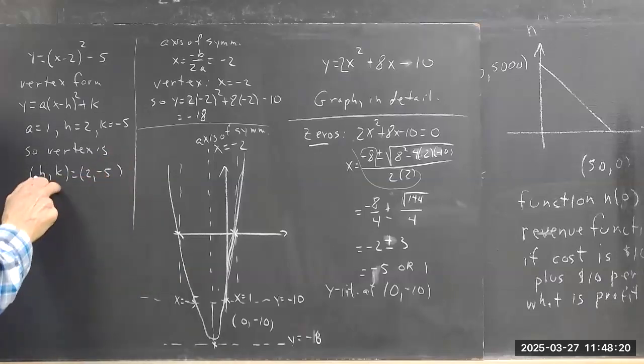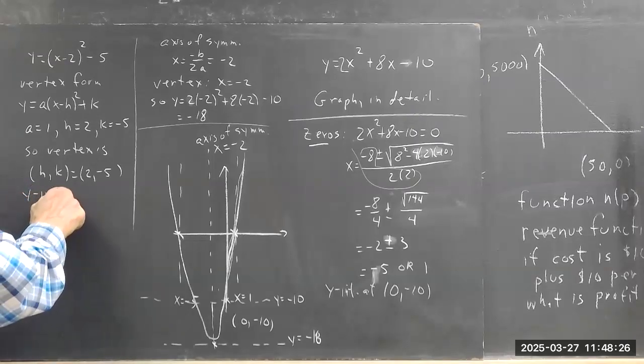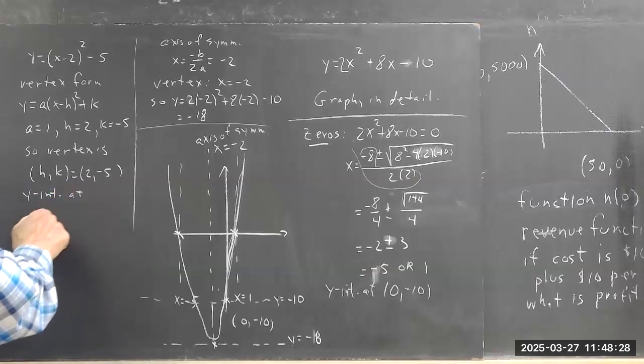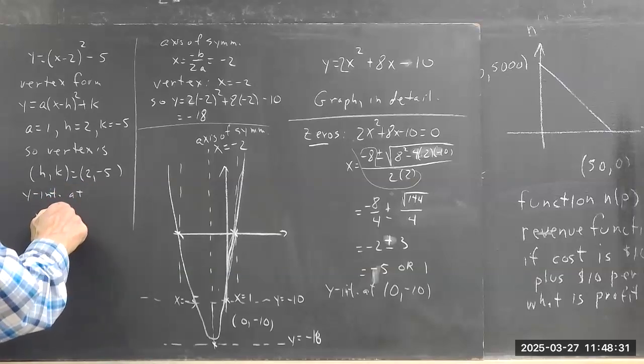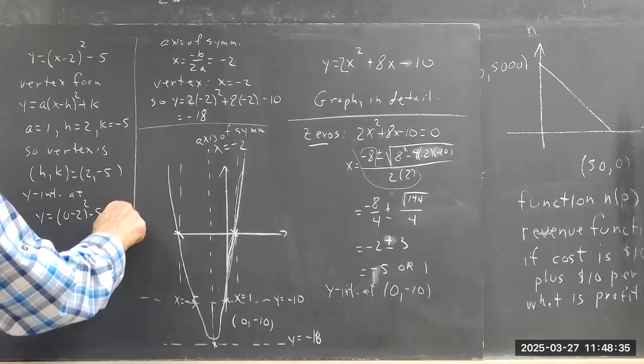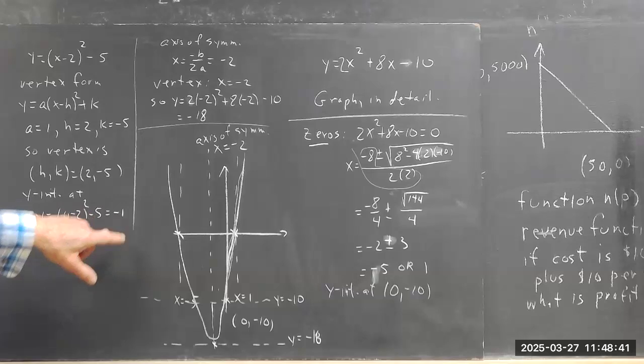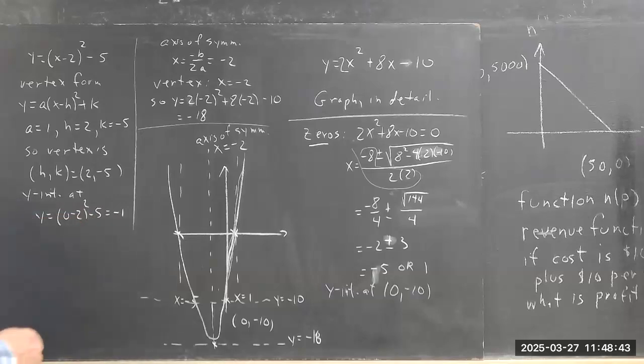So the vertex is (h, k) equals (2, -5). The y-intercept is at y equals 0 minus 2 quantity squared minus 5 equals -1.